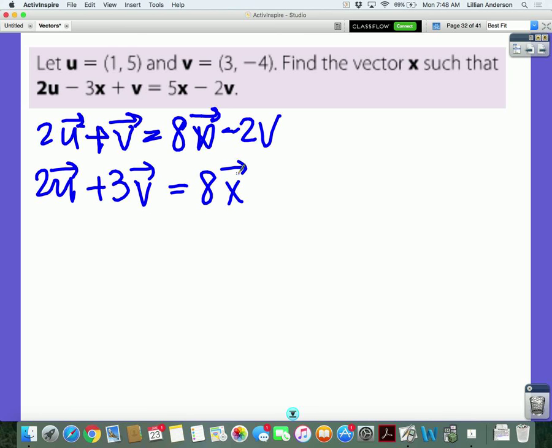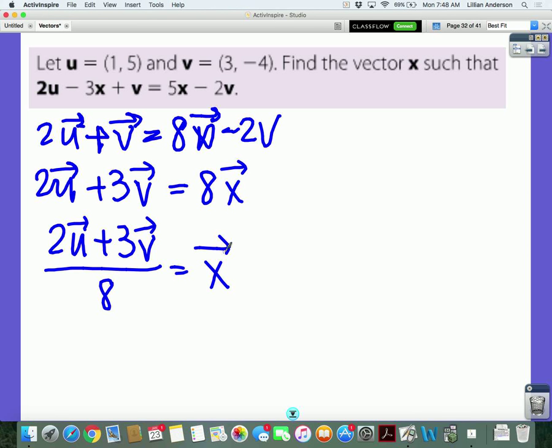Okay? And so then to actually find vector x, you would have this type of equation right here. So basically you treat them as variables, but just for right now, because then what you can actually do is 2 times u. So 2 times u would give you 2, 10. 3 times v would actually give you 9, negative 12.